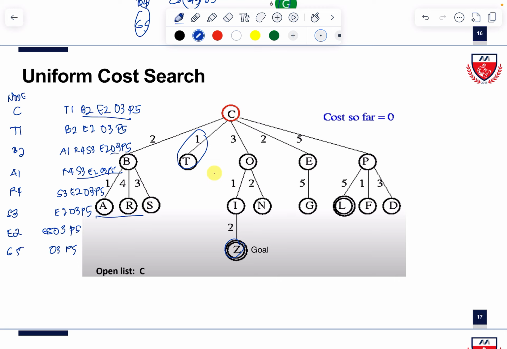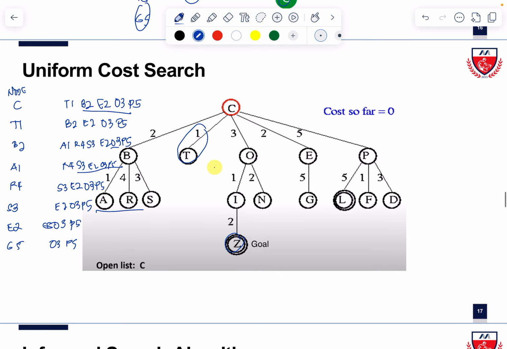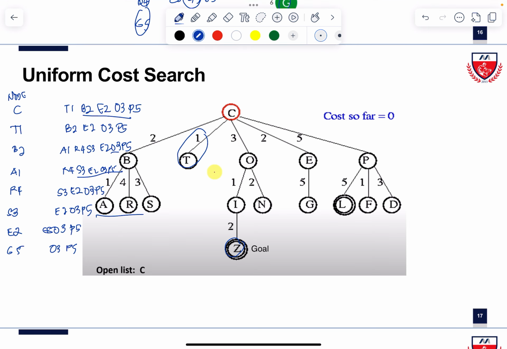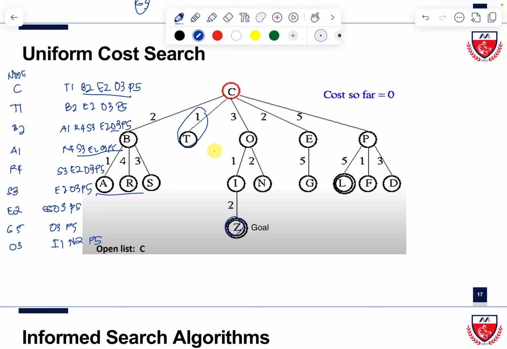Now, of course, among O3 and P5, O has the lesser path cost. So we visit O3, and then O3 has children I1, N2, and P5. After that, I1 is lesser, so we visit I1, and I1 has the child Z2.